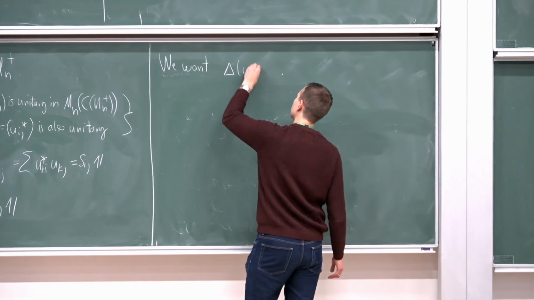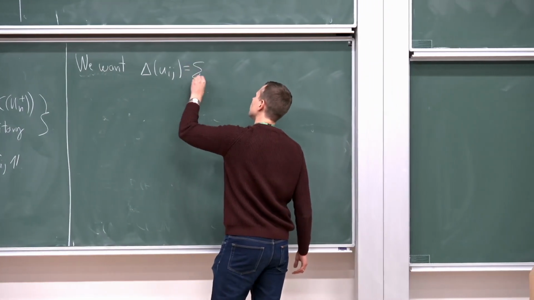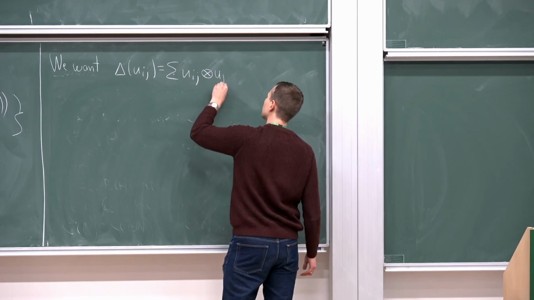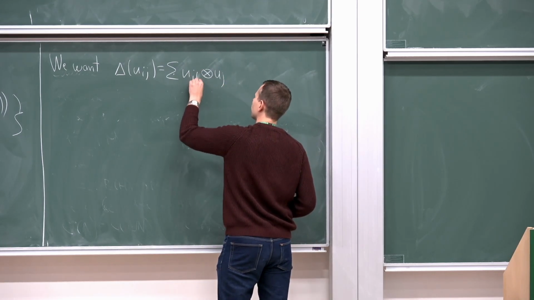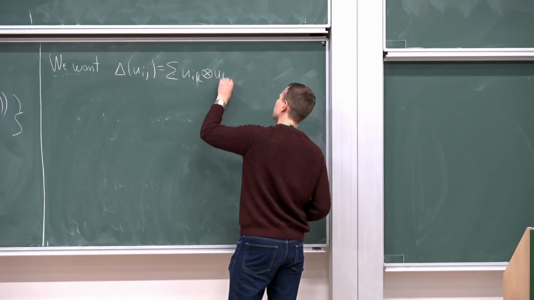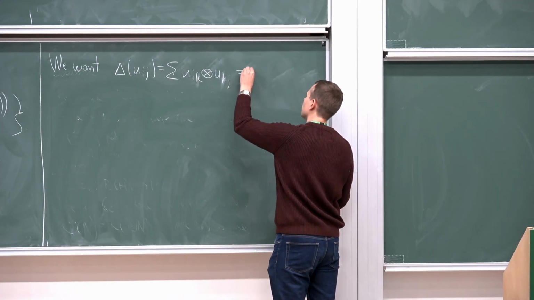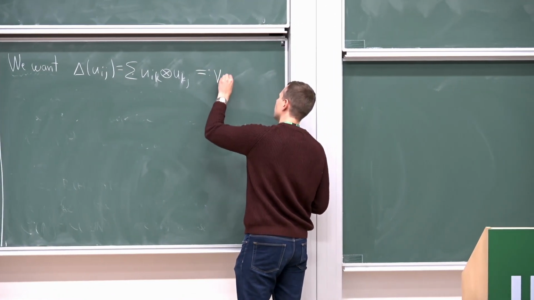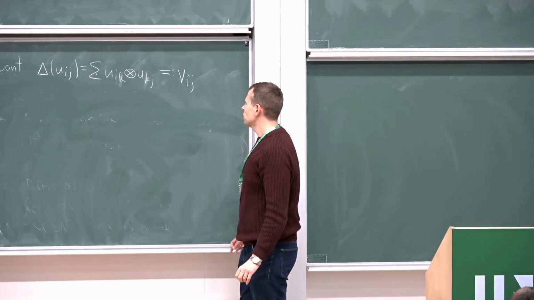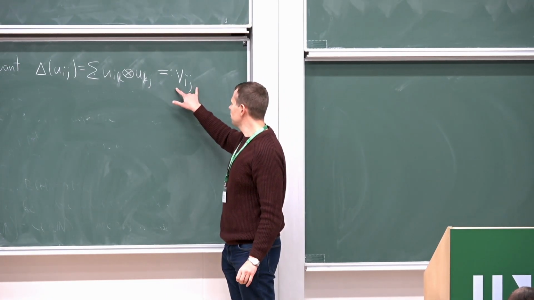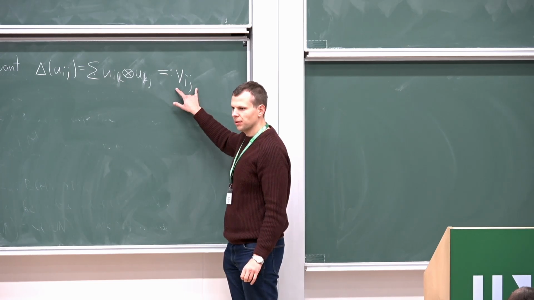Then we want the comultiplication of u_ij to be the sum of u_ik tensor u_kj, and let's call this thing v_ij. One thing we want to check is that the matrix formed by these v_ij's is unitary.